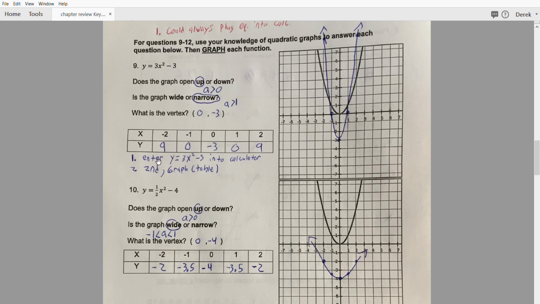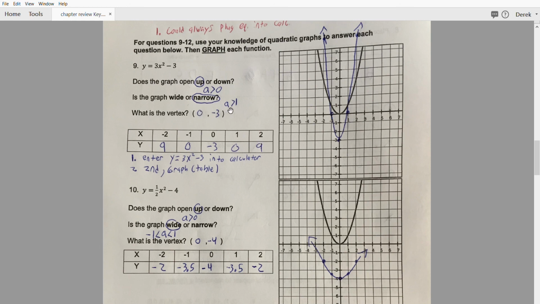If the window looks good, you're going to hit the second blue button and hit graph again. You'll notice above graph it says table. Anytime we hit the second button, the next button we hit is actually what the blue one says. So if we hit second table, it'll bring up our table, and we can fill in these x values and y values. And we will see our lowest point is (0, -3).